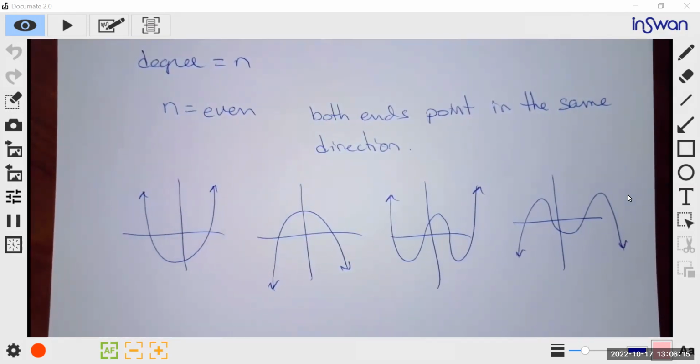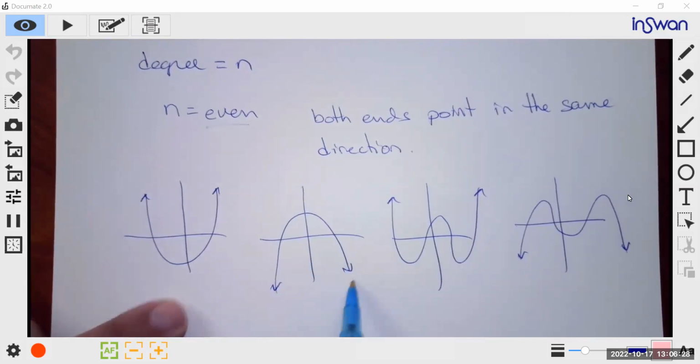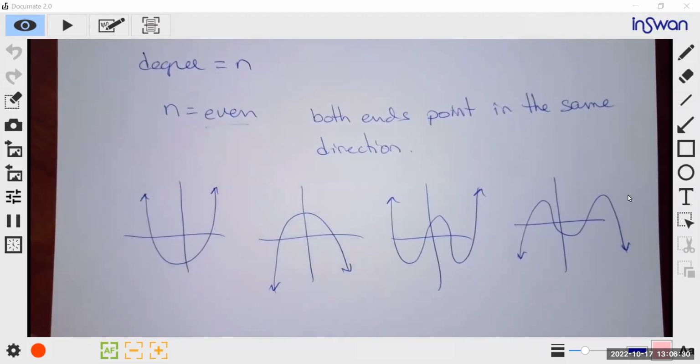What do you think makes them point different directions? These are still even degrees. They're both even degrees because they point in the same direction, either up or down.